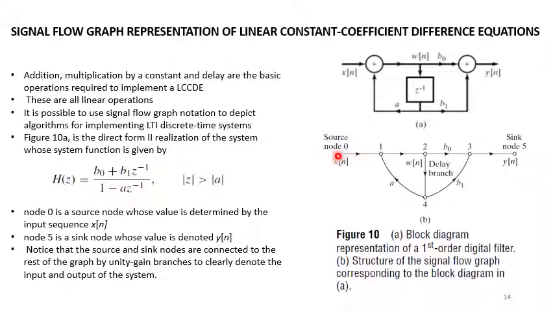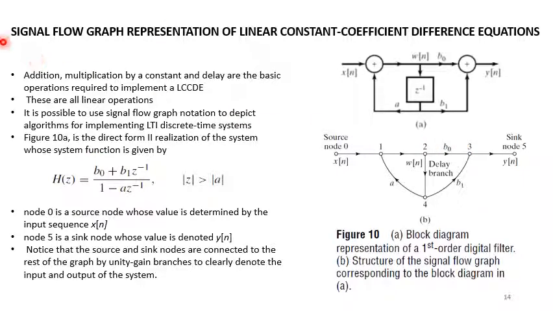Scaling is represented by an arrow. The input is coming here, and because there is nothing on the arrow, whatever you have here, we have the same here. Then this is node 2, and with the arrow we have written b0, which means the input signal is multiplied by b0.